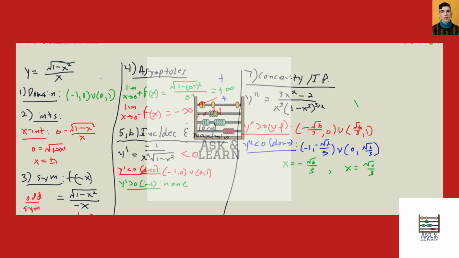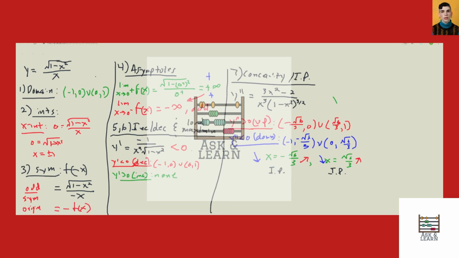So to the left of negative square root of 6 over 3, the function is concave down. And from 0 to the square root of 6 over 3, the function is also concave down. And to the right of negative square root of 6 over 3 to 0, the function is concave up. And after the square root of 6 over 3, the function is also concave up. So both of these are points of inflection since we have that change in concavity.